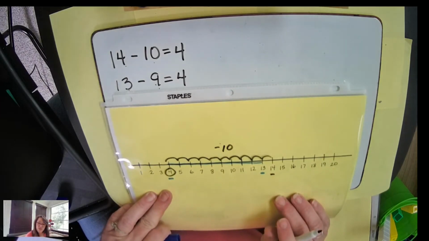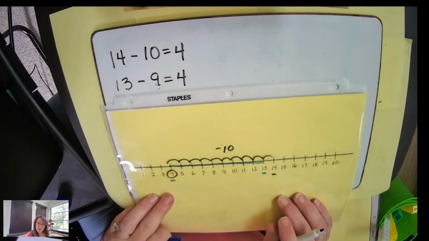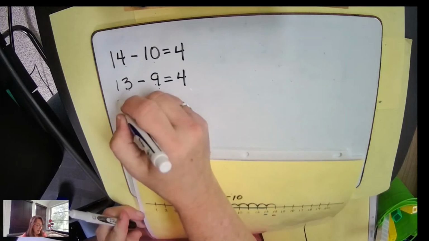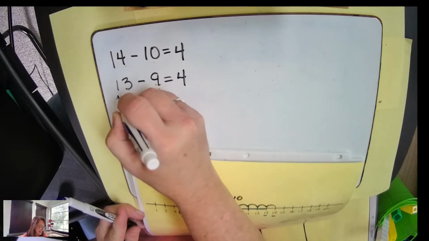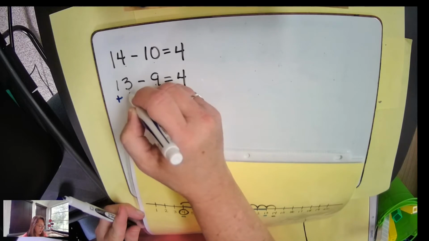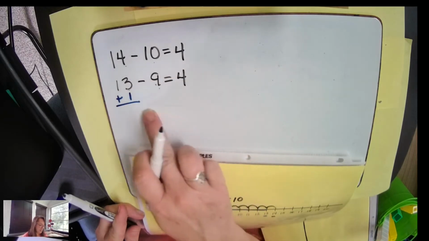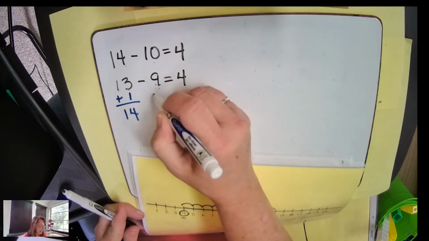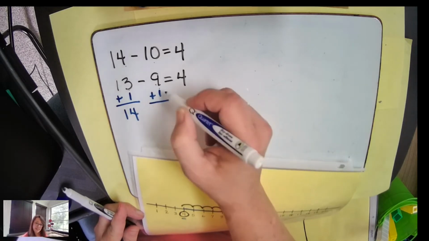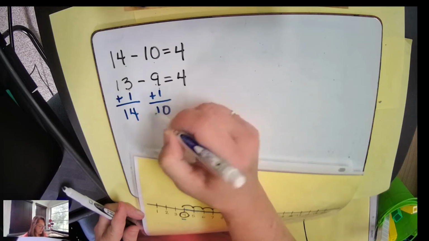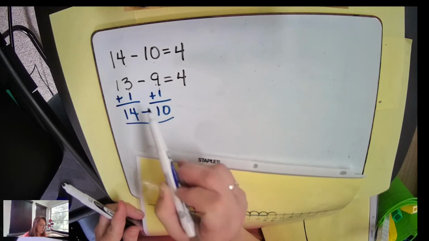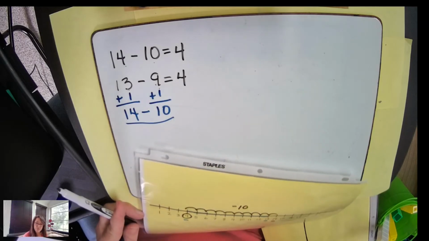And we get 4. So by adding 1 to 13 and adding 1 to 9, we get the same problem as we had before.